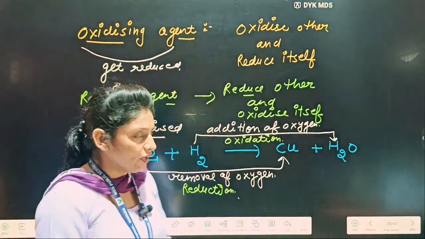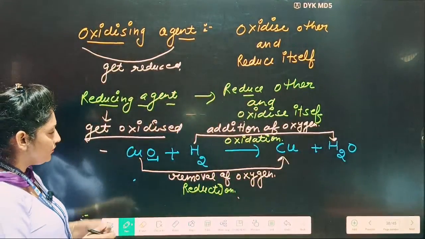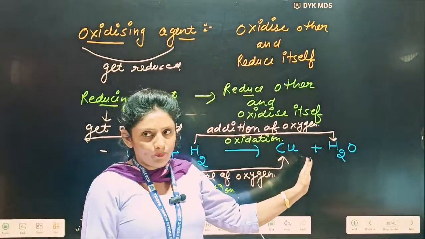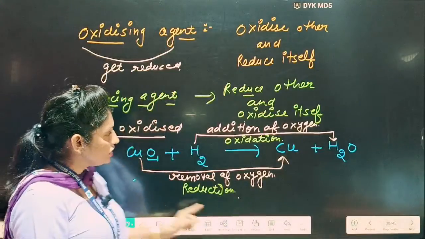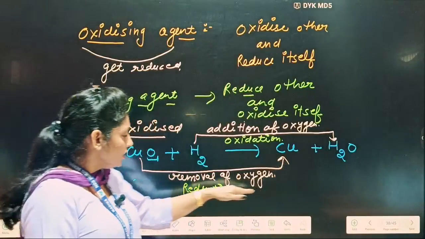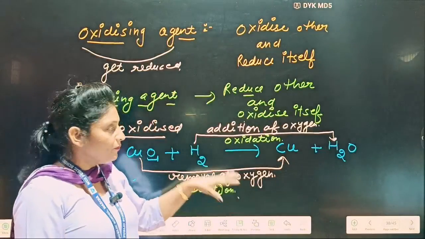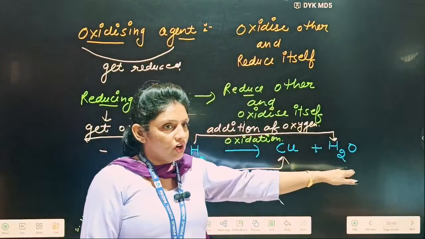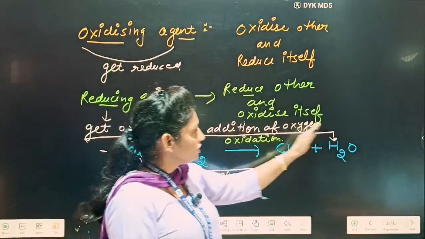Okay students, so here in this reaction you can see copper oxide is converting into copper, means removal of oxygen takes place here, means reduction is taking place here. But students, here hydrogen converting into water, means addition of oxygen takes place.